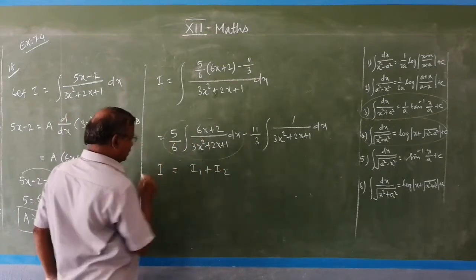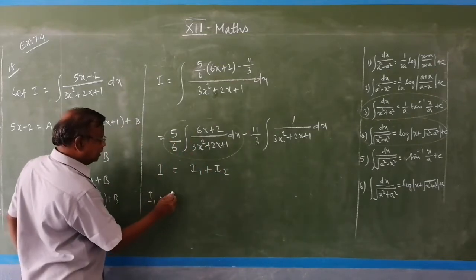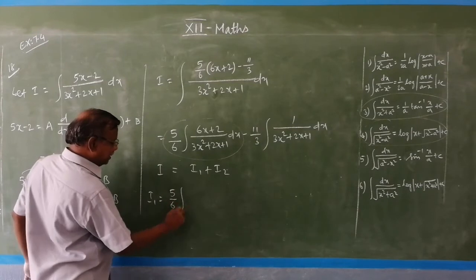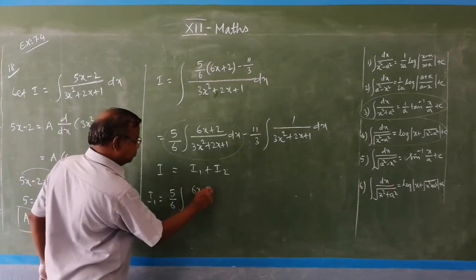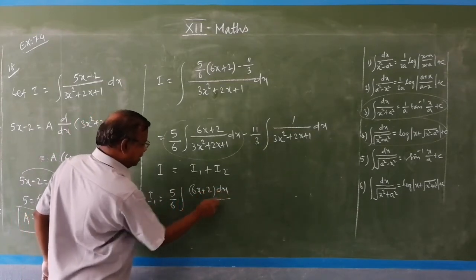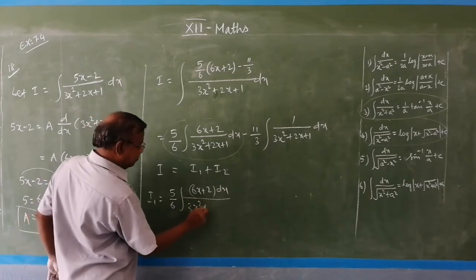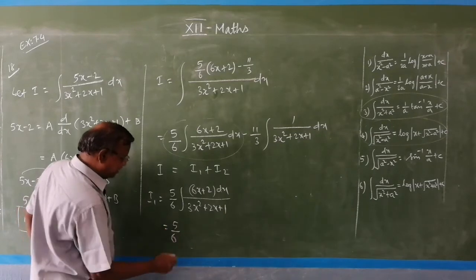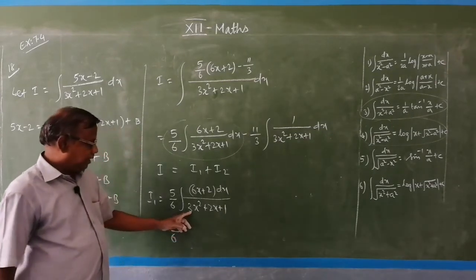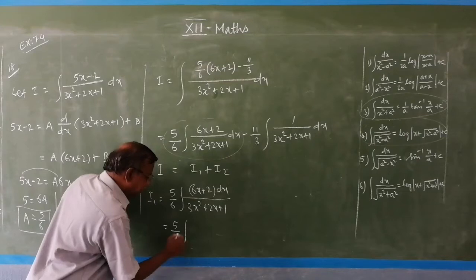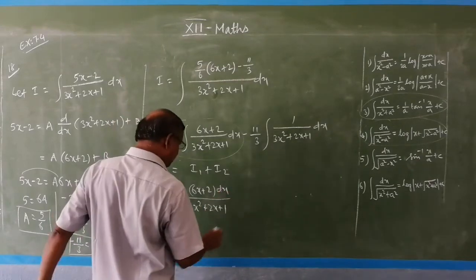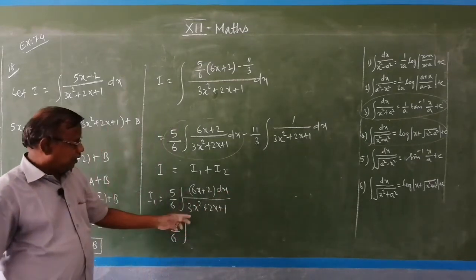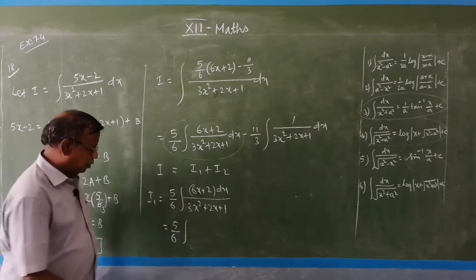The first part is I1. Now I1 equal to 5 by 6 into integral 6x plus 2 into dx by 3x square plus 2x plus 1. For this put t equal to the denominator, therefore dt equal to 6x plus 2 dx.